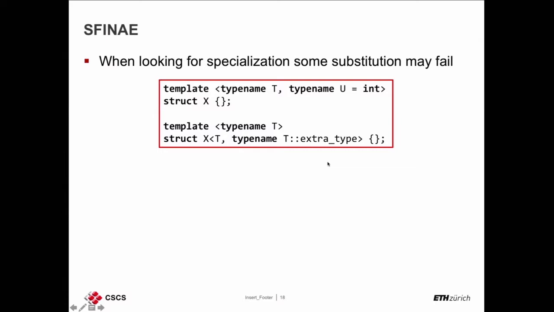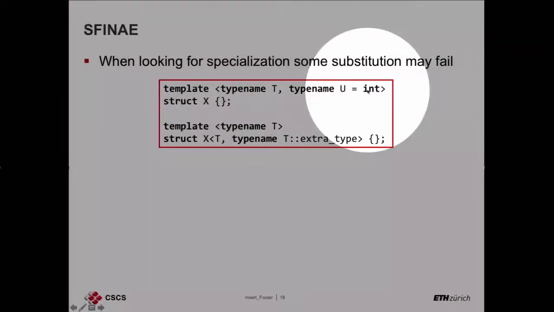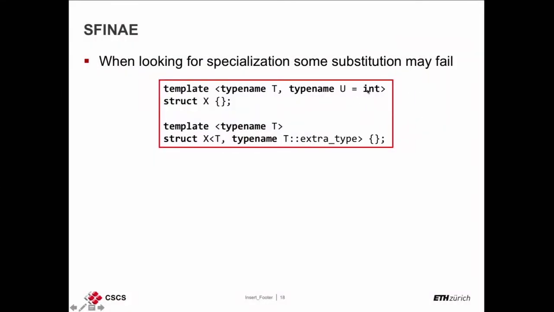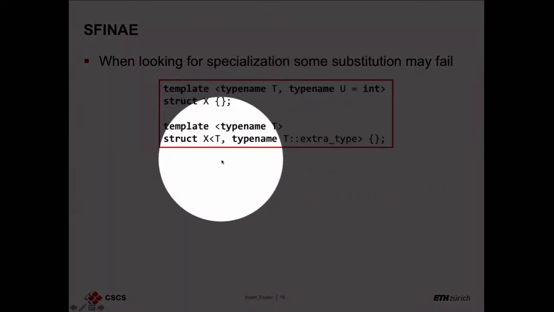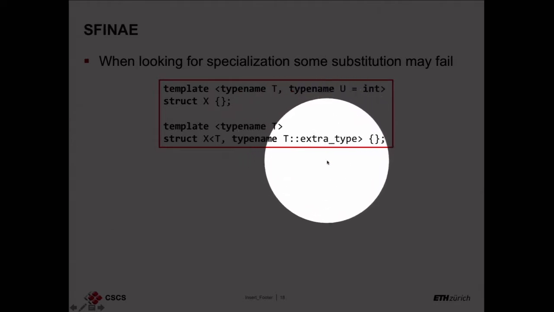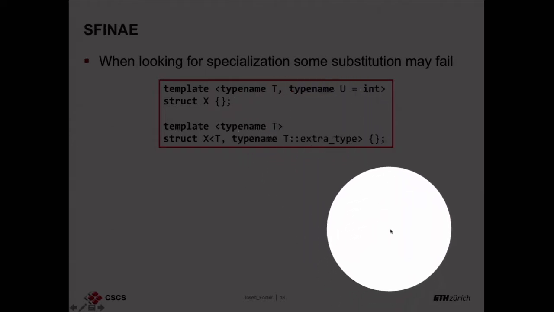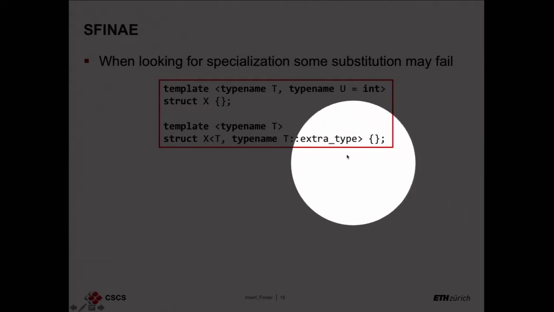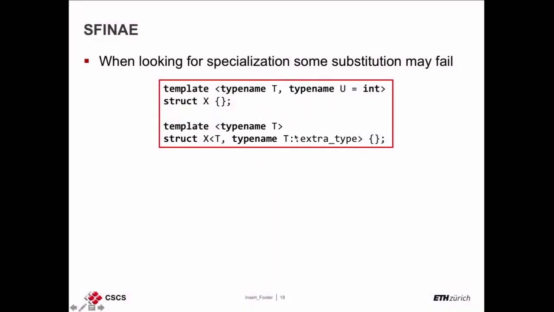So in case my class T has an extra type member, and this type member will be an integer, for instance, then I can instantiate this specialization. Otherwise, if T doesn't have extra type, this should be a compile error, right? I say, what are you trying to do? There's no extra type here. The compiler will not tell you anything. It just ignores this thing.